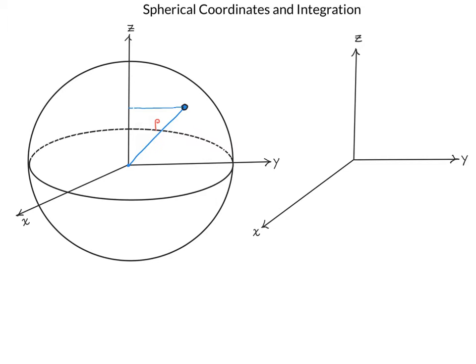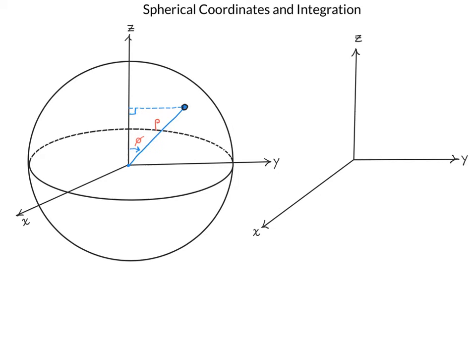Let's dash it a little bit because this is just to show us that I'm forming a right triangle, and here's my right angle right here, and I have this angle right here, and that is the angle that rho rotates out from the z-axis to meet our point, and that angle is phi. Oh, and I better be consistent and use red. That angle is phi.